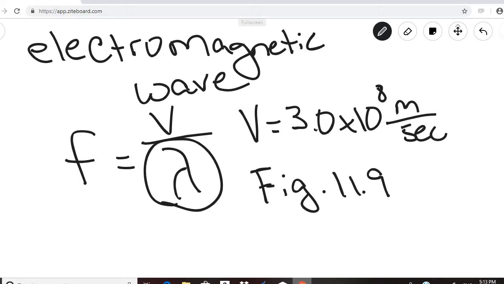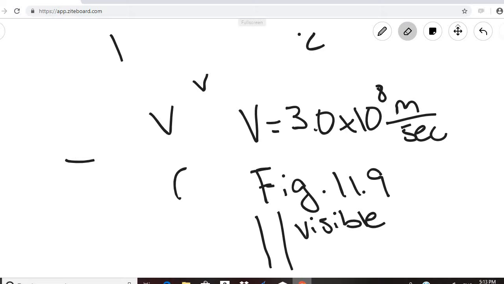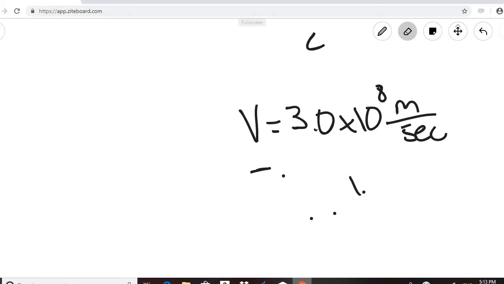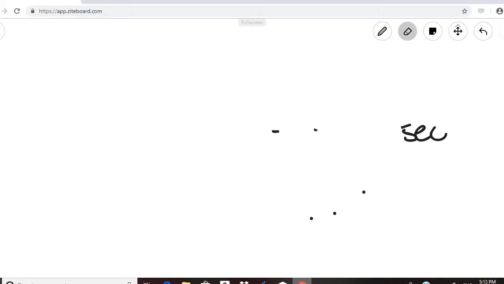There's a very small visible spectrum. That very small portion is visible light, and you probably have learned the visible light as Roy G. Biv: red, orange, yellow, green, blue, indigo, violet.